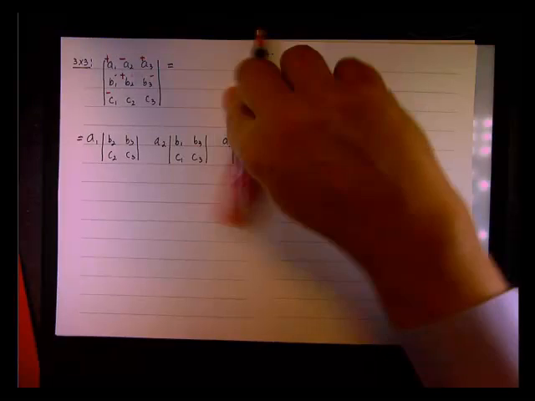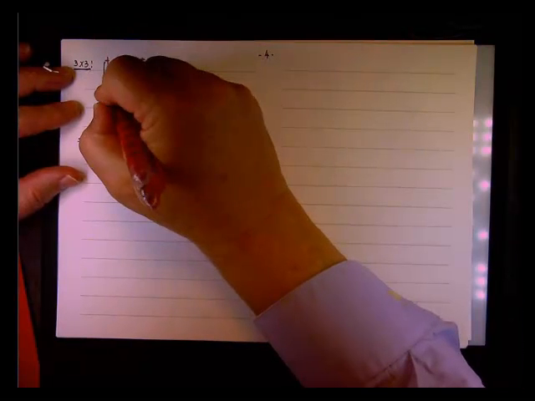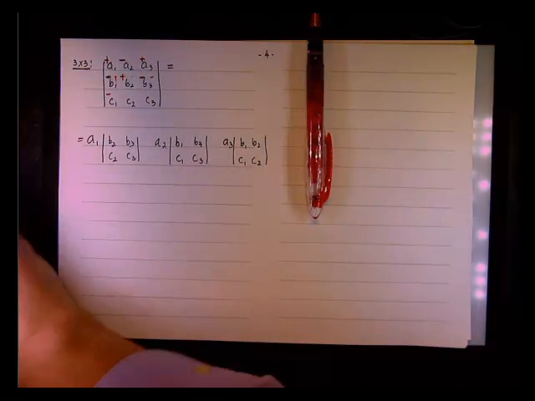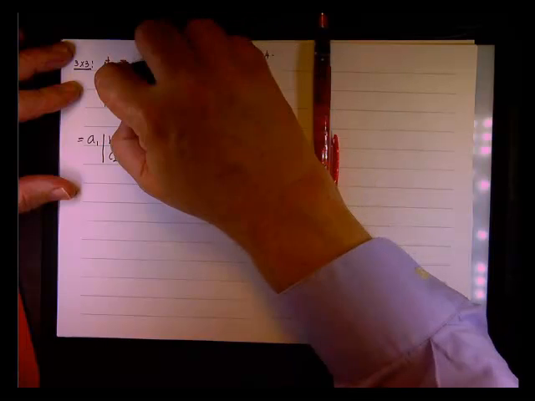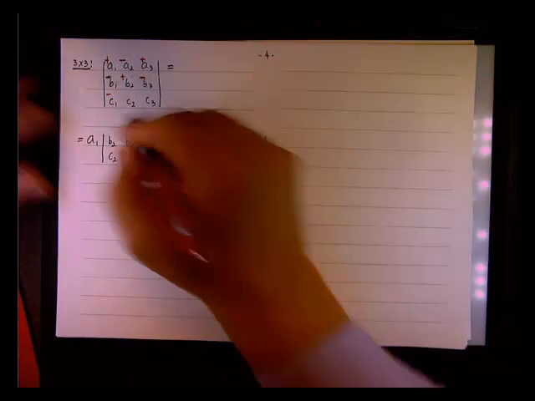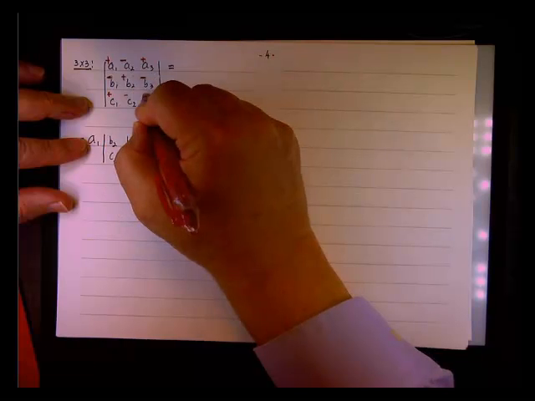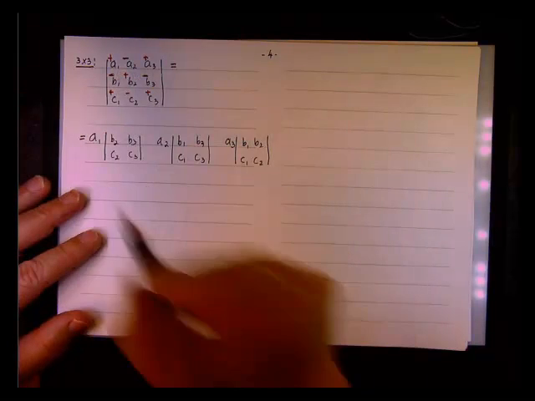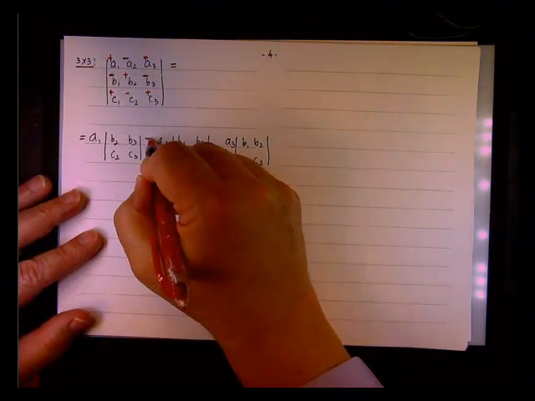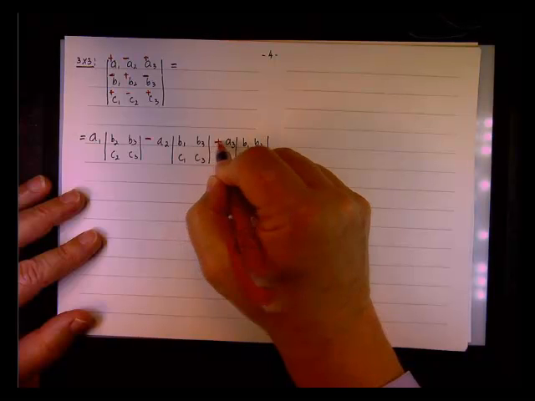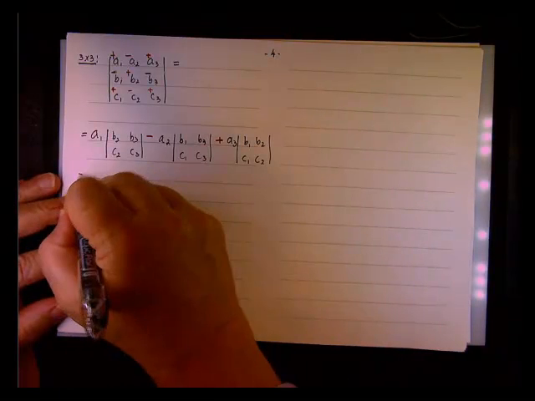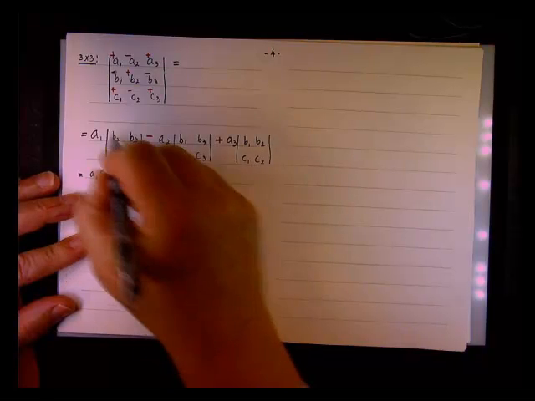So you alternate the sign, and back to positive, negative, and positive. Because we expanded along A1, A2, A3, we have positive, negative here, and positive here.